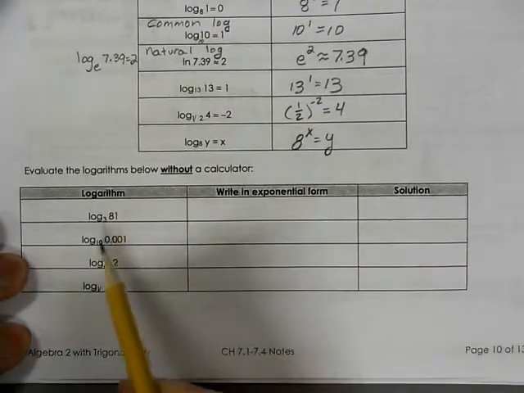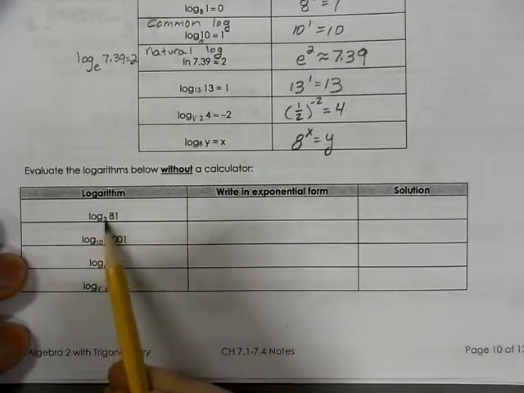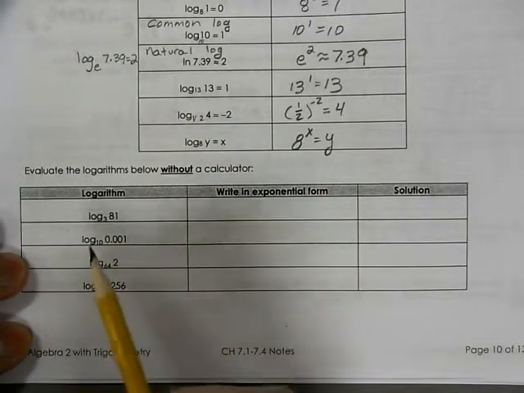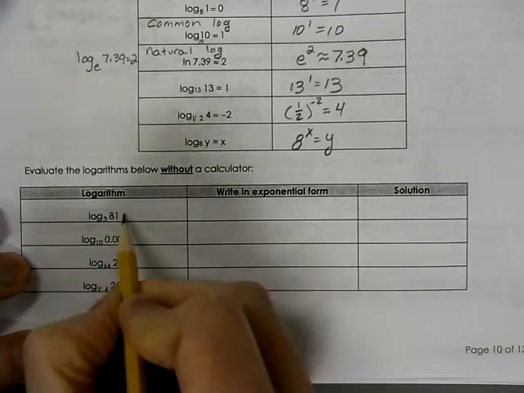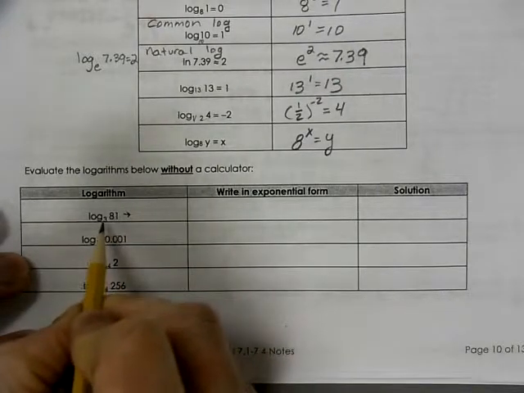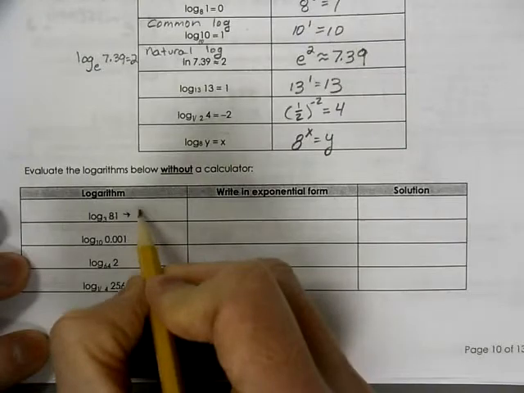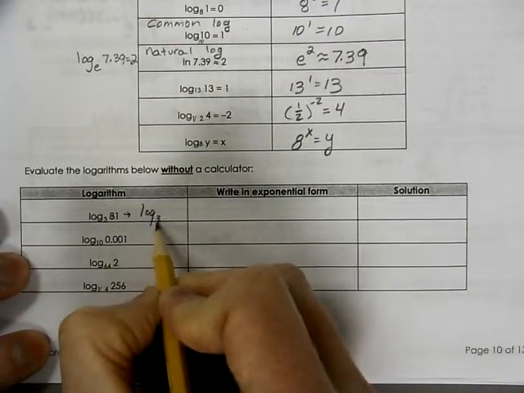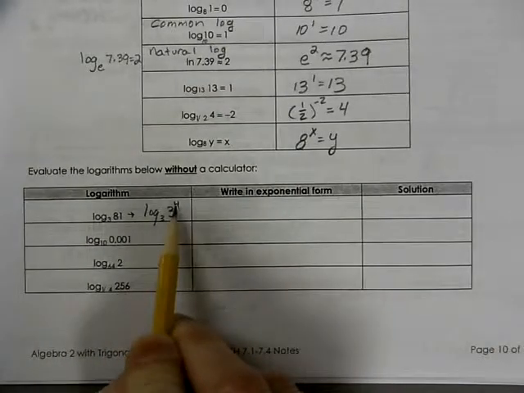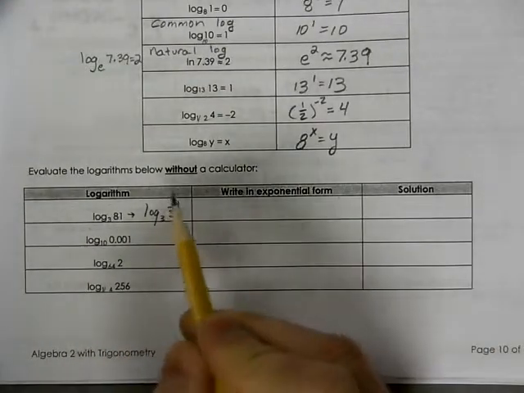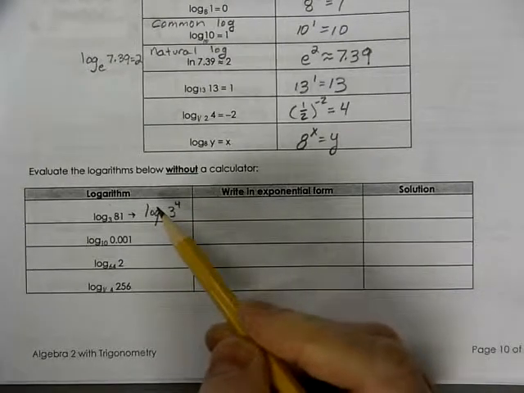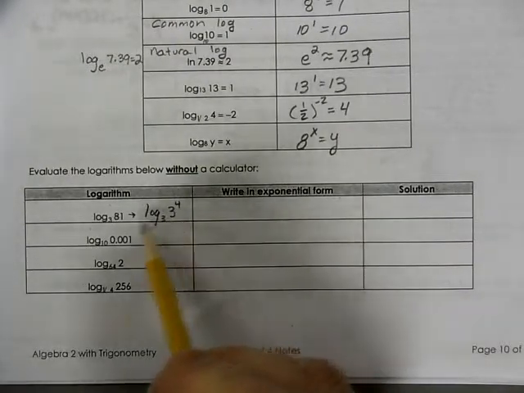So now we're going to evaluate, what is log base 3 of 81? Well, if you can write the 81 with the same base as your logarithm, which would be 3 to the 4th, if you can write it with the same base, then whatever the exponent is the answer.